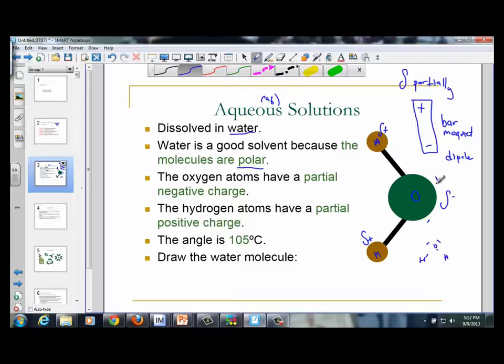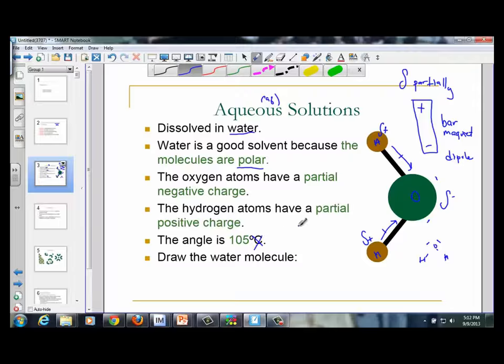The oxygen is very electronegative. It is pulling the electrons in the shared pair towards its center. So the electron-rich density of oxygen makes this region quite negative, and those hydrogens are left with a positive charge. The bond angle of a water molecule, and again we're looking at some molecular geometry, is approximately 105, and it's really not degrees Celsius.